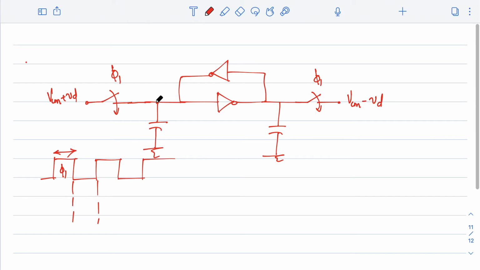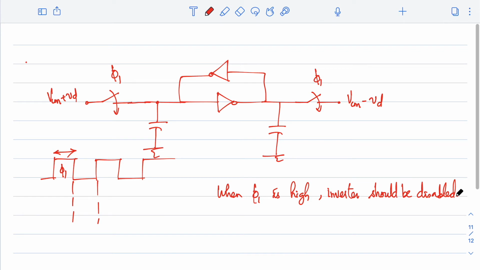So what I should do here is, when the phi 1 clock is high, the inverter should be basically disabled. Why should it be disabled?